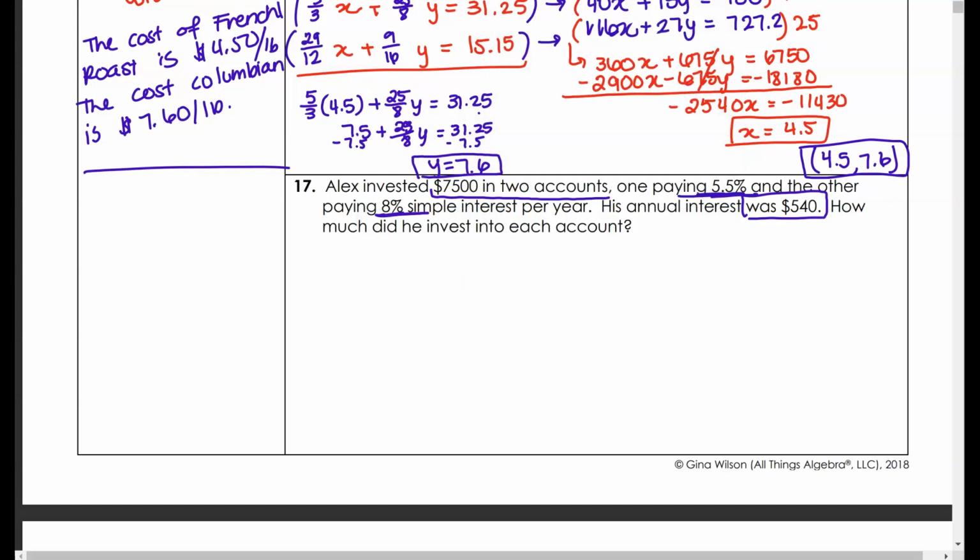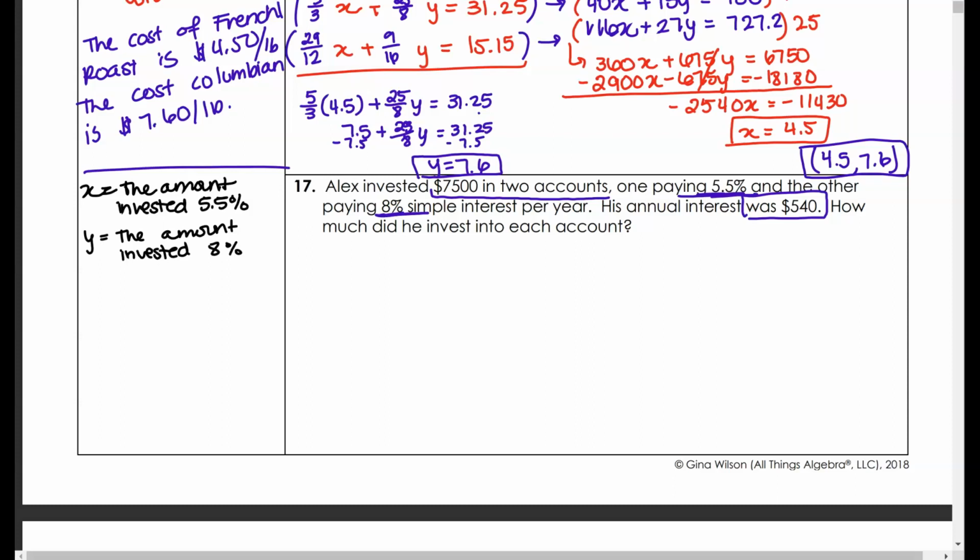So we're going to say X is the amount invested at the 5.5%. Y would be the amount invested at the 8%.